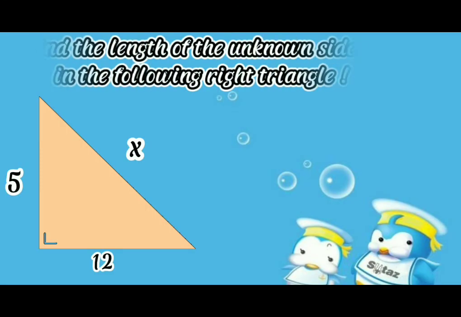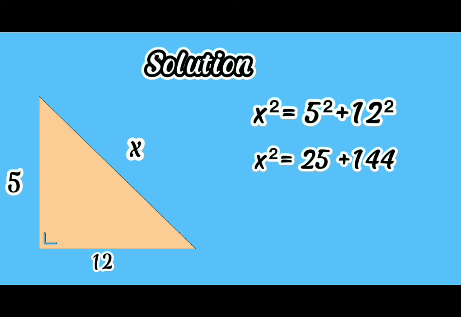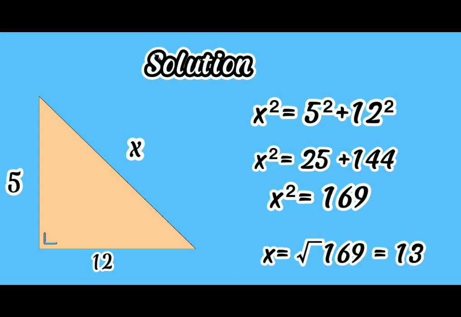First example: find the length of the side x in the following right triangle. The solution is x squared equals 5 squared plus 12 squared.